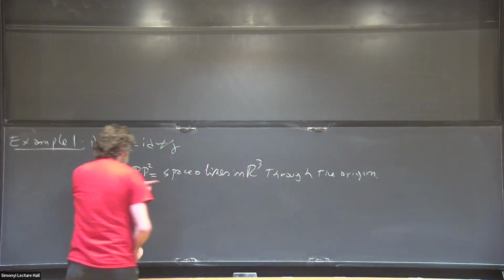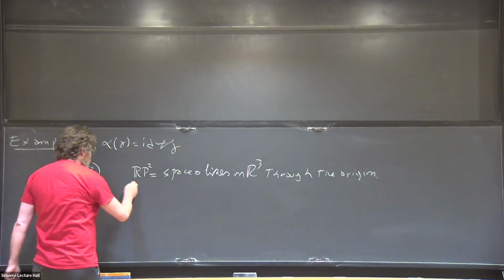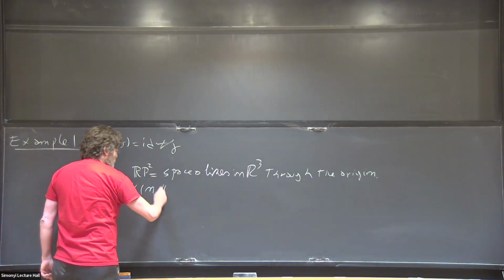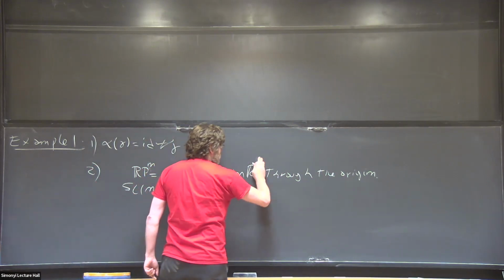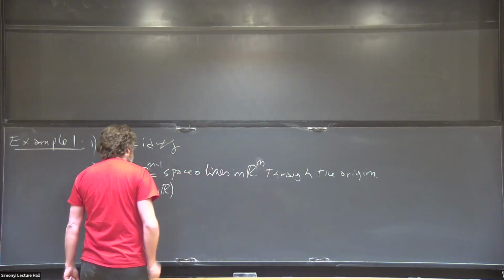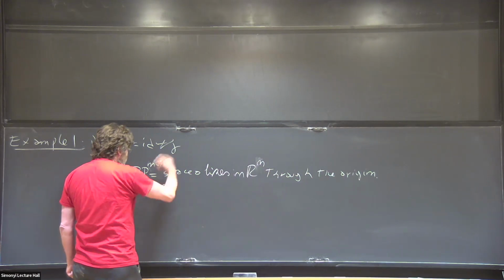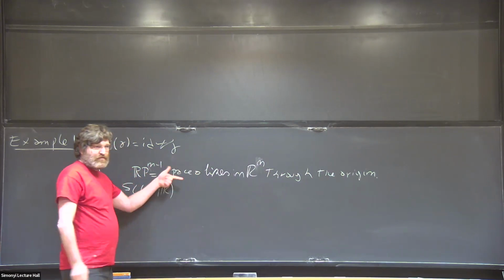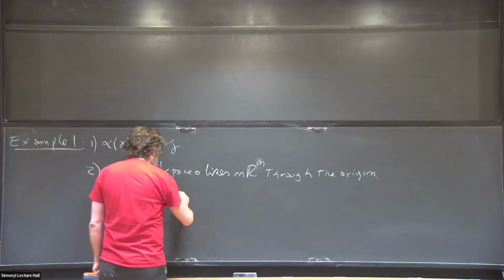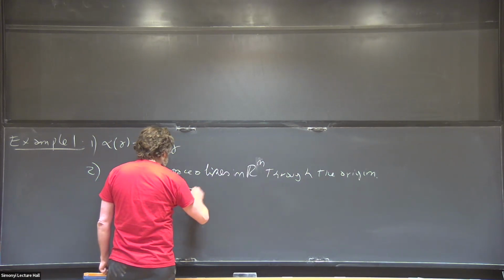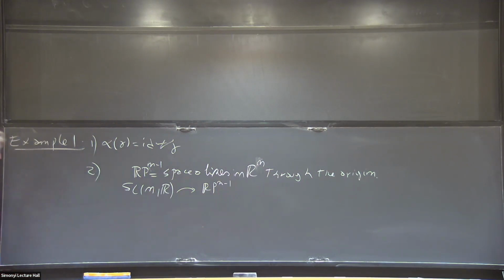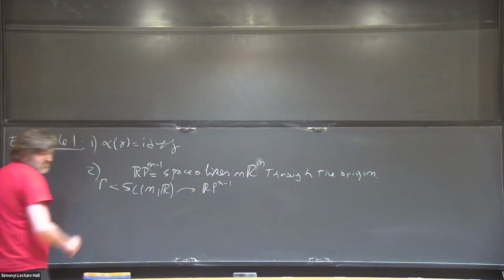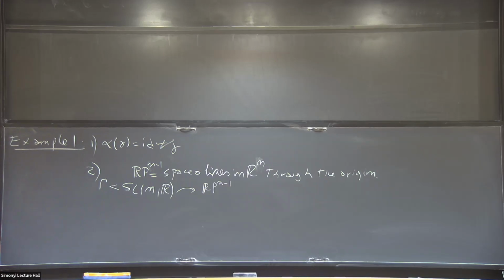And since SL_n(R) naturally acts on R^n, SL_n(R) acts naturally on this space of lines, and so you have this action, and you can restrict it to your lattice gamma.